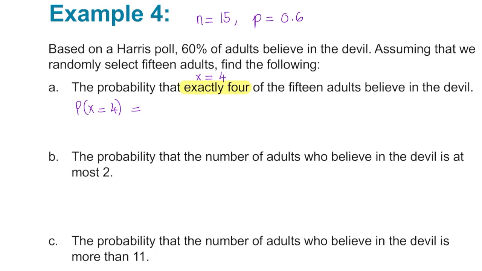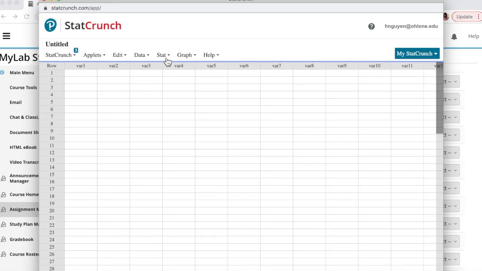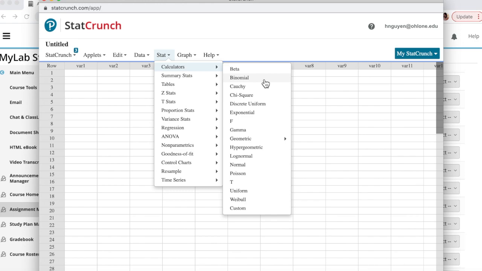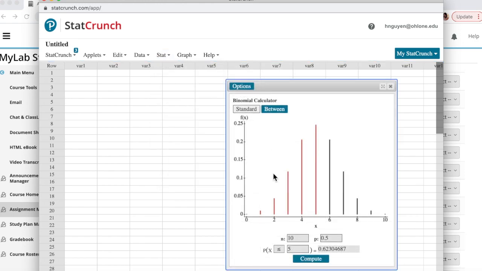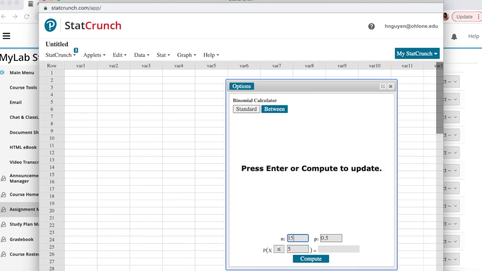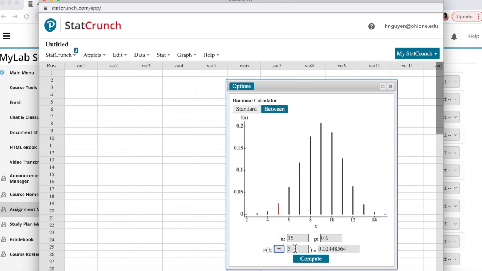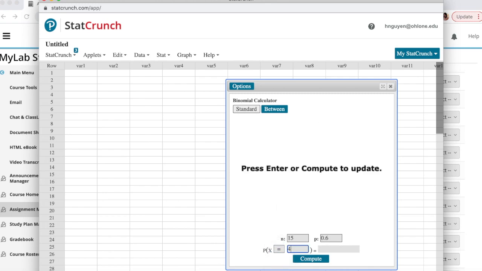I am going to use StatCrunch for this. Stat, Calculators, Binomial. In this problem, n is 15, p is 0.6. I want x equals 4.